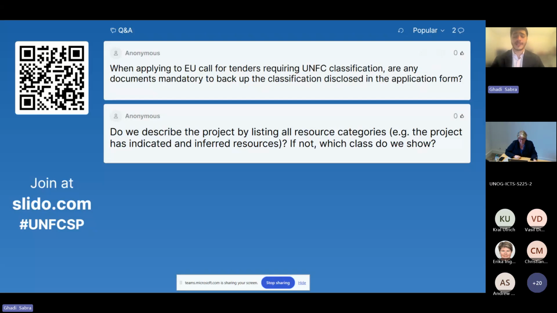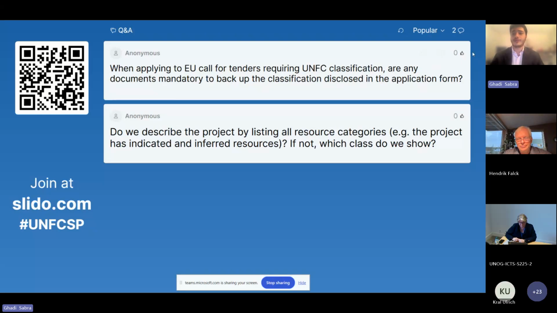Well, the classification itself should be evidence-based, and these documents are requested by the application form that you provide when submitting your application per se. And these are interlinked with the UNFC classifications and the different axes within the tool itself. We will learn more about that after the intermission.